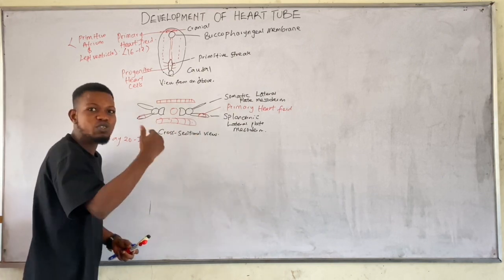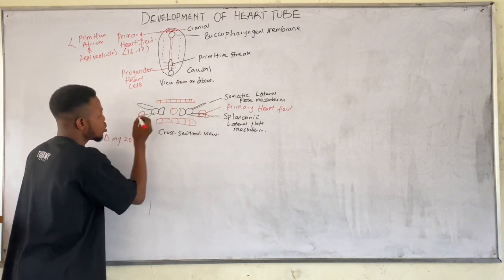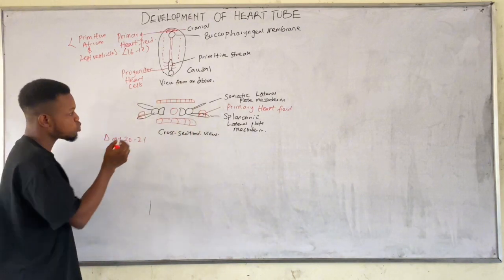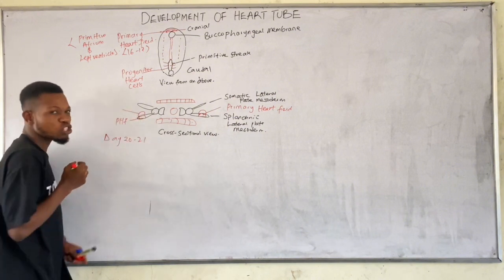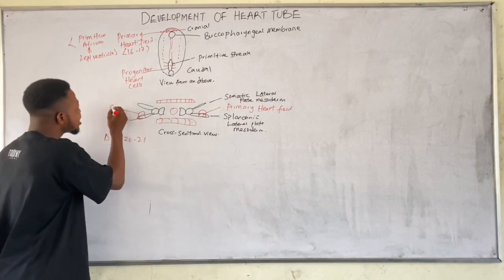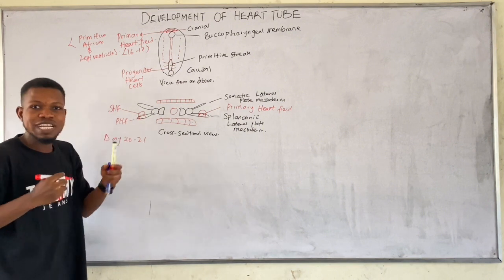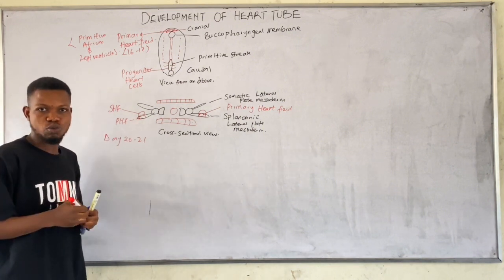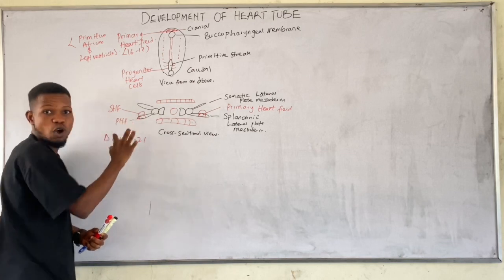Now when the primary heart field divides, it forms another structure here. Yes. Which we call the what? Secondary heart field. So let's say this is our primary heart field. Now the next structure formed around day 20 to 21 is what we call the what? Secondary heart field. Because it is this secondary heart field that will keep elongating the heart tube. Because these two structures, the primary heart field and the secondary heart field, will form the heart tube.